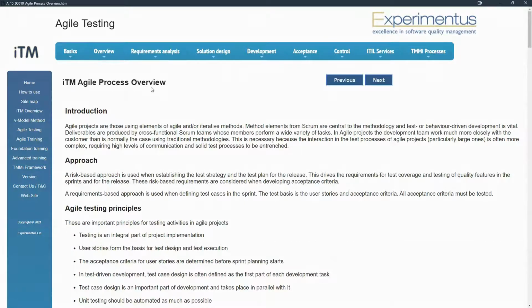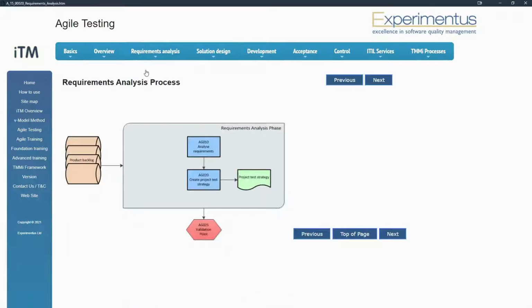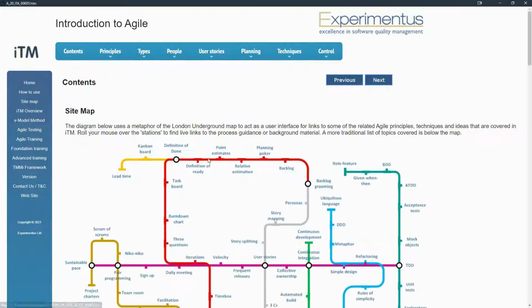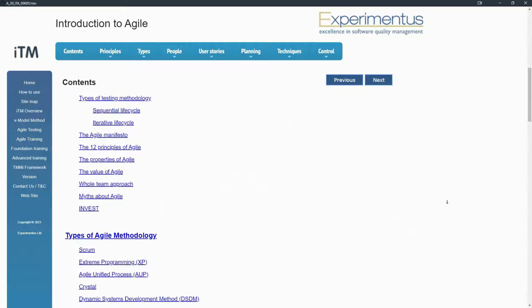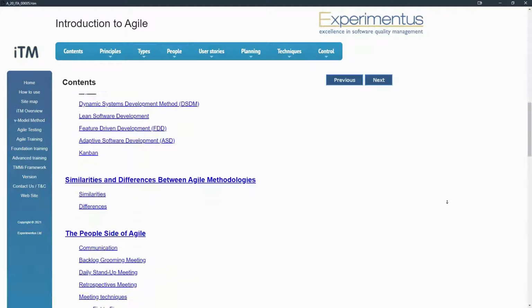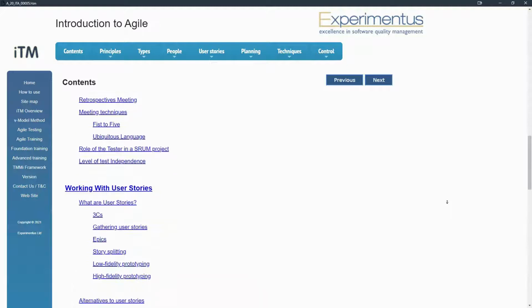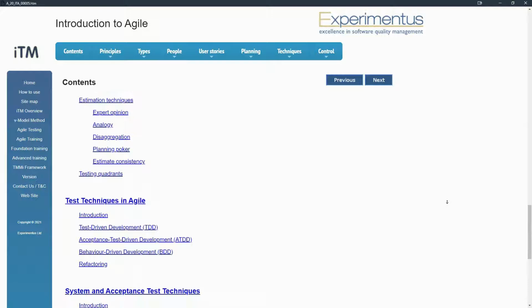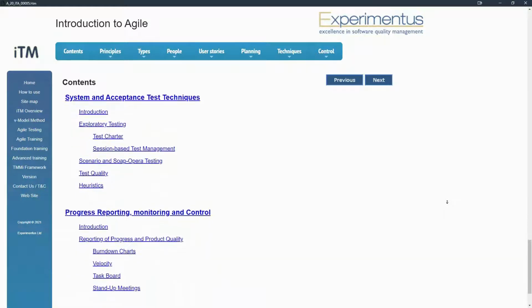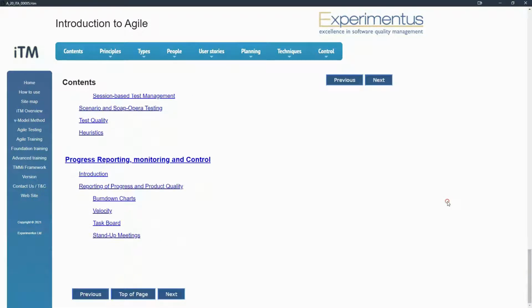As far as the iTM Agile process is concerned, in principle, the documentation is similar in form to the Waterfall methodology, with process flows linked to guidance. In addition, though, there is a training package, Introduction to Agile, based on the ISTQB Certified Agile Tester Syllabus, which provides information on topics including different types of Agile methodology, working with user stories, planning and estimation, specific test techniques, and Agile progress reporting, monitoring and control.